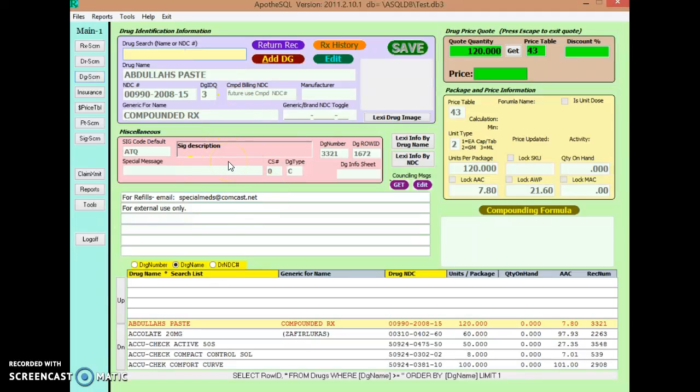Once you get here, we can look up and see what formulas we already have in here, what compounds have already been prepared. Basically, we're looking at a list of recipes, to see what's already put together and what we've already got recipes for. If we don't have a recipe, we're going to start entering one.